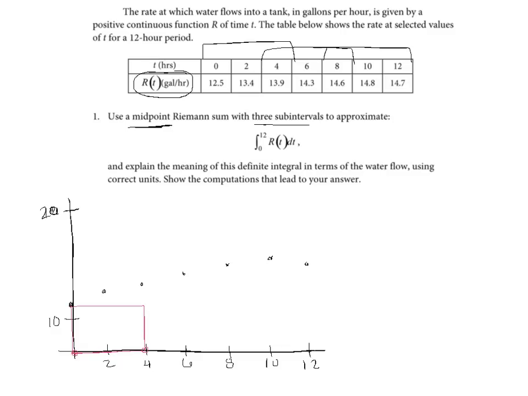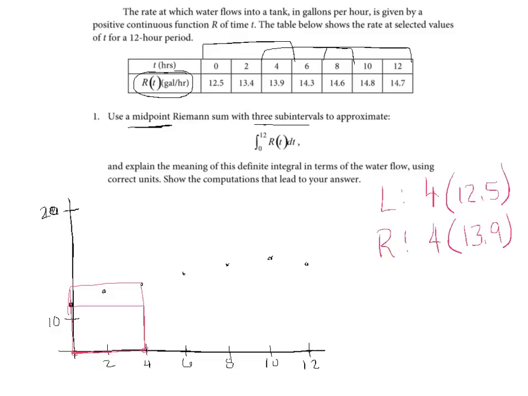So if I was doing a left, it would be a base of 4 times a height of 12.5. Now if I was doing a right Riemann sum, I would start with the 4, go up until I hit a height of 13.9, and then go straight across. And you can see now we're overestimating the actual value. So a right Riemann sum would still have a base of 4, but now it'd have a height of 13.9.